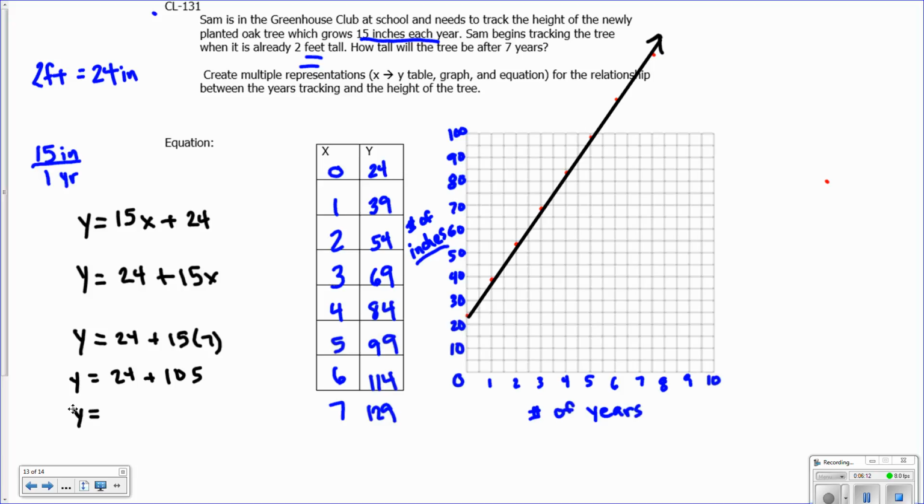So y would equal 129 inches. No matter how you do it, you should end up with 129 inches. So how tall will the tree be after 7 years? We could say the tree will be 129 inches after 7 years.